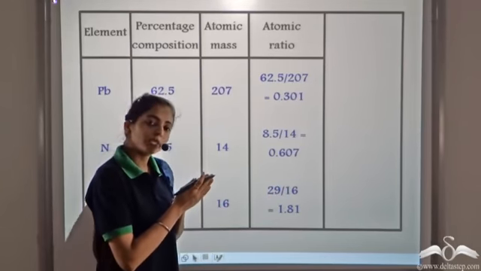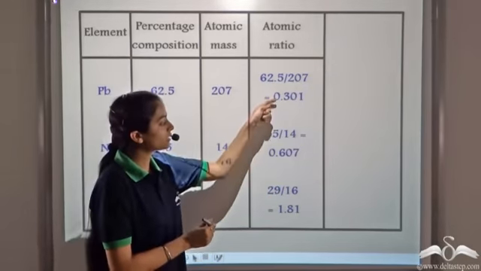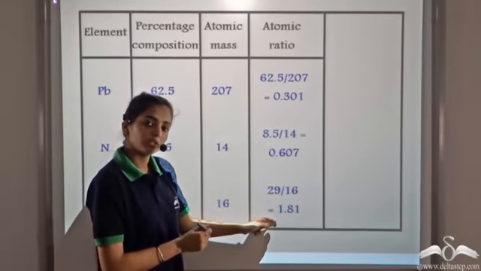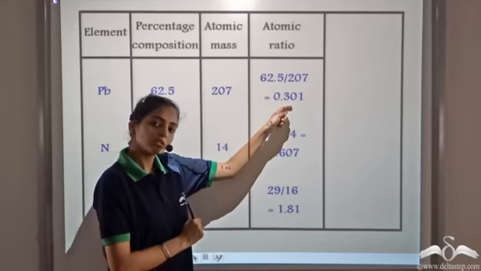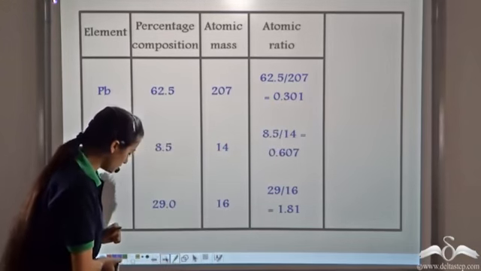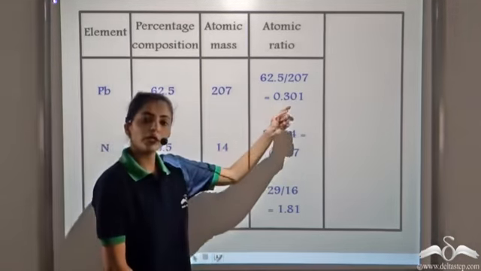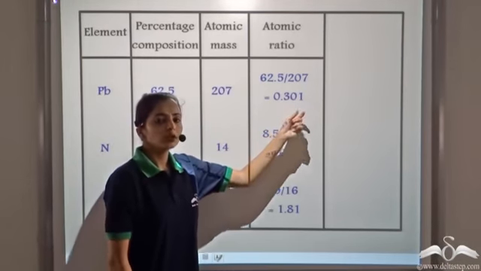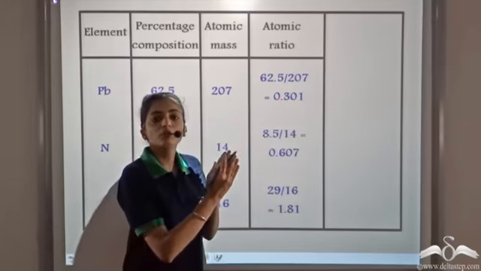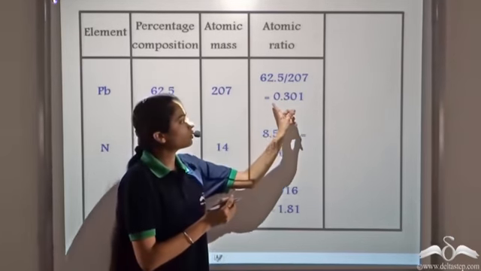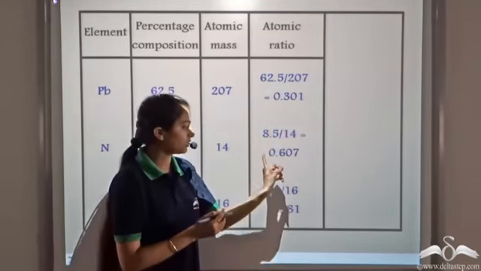So to find the simplest whole number ratios, we look at the smallest number out of the three. In this case, we see that 0.301 is the smallest. So we divide the three numbers by 0.301. Now, we also do not have to be very accurate. At times we take the approximate value. So we can also use 0.3 for these calculations.